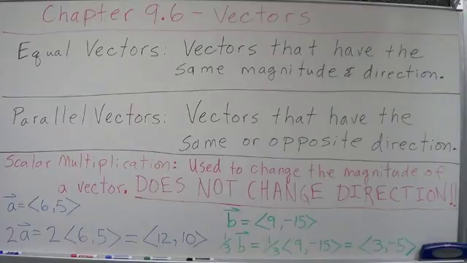That'd be two cars coming at each other would have parallel vectors. They may not have the same magnitude, but two cars on a highway, one in the northbound lane and one in the southbound lane, would represent parallel vectors. Scalar multiplication, you can use that to change the magnitude of a vector, but it does not change the direction. And there's two examples of how to do that.